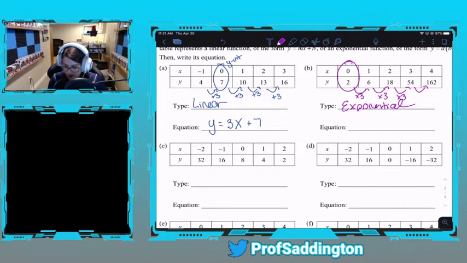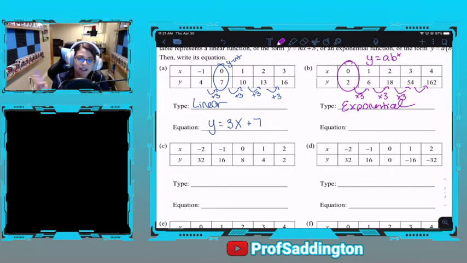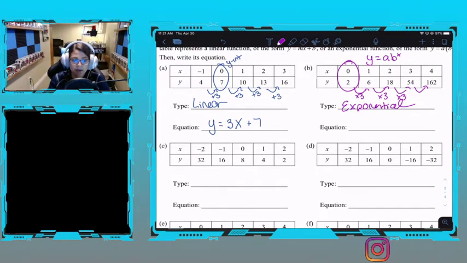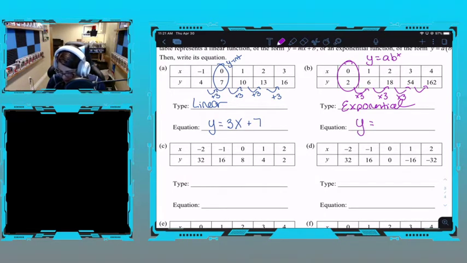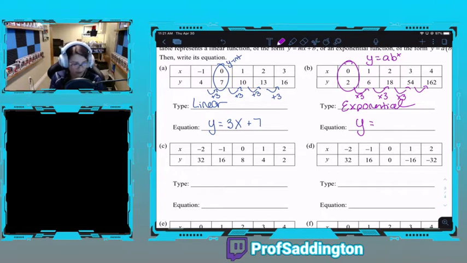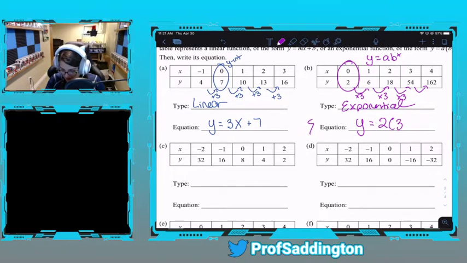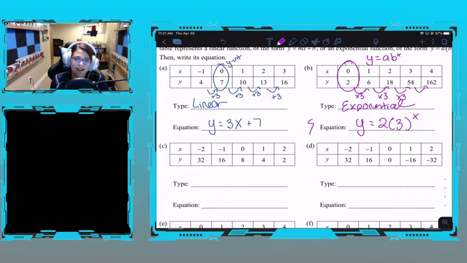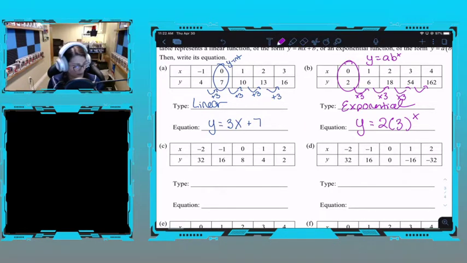And the equation for this, remember with exponential, it's in that form y equals ab to the x, where a is like your y-intercept, that's starting initial value, and then b is the thing you're multiplying by. So we're going to have y equals, our initial is 2. Oh, my pen froze. Come on, pen. There we go. 2 times 3 to the x. So let's do a couple more.